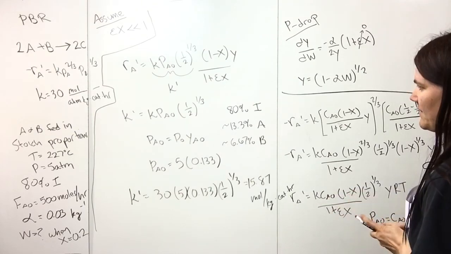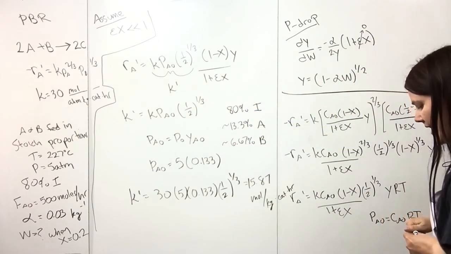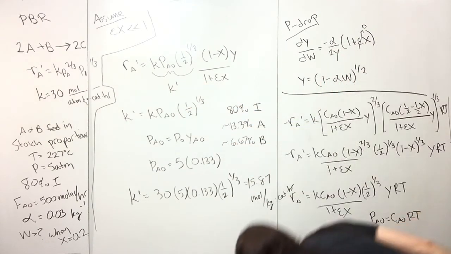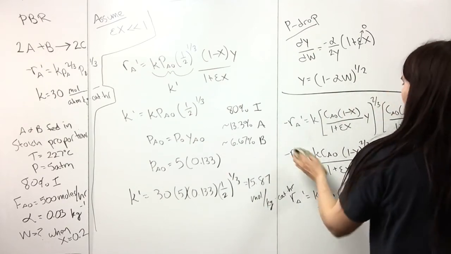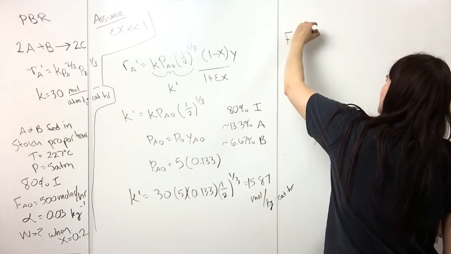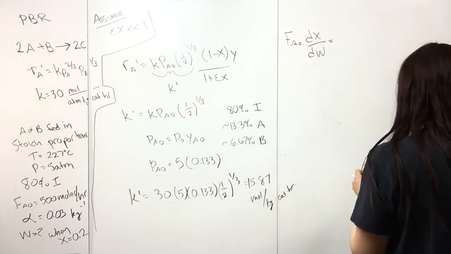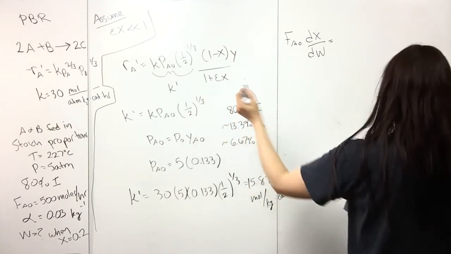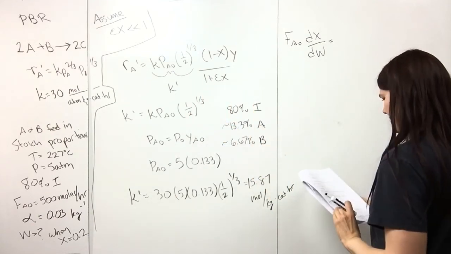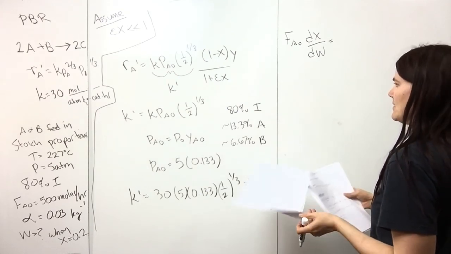So now that we have the rate in a pretty usable form, we can plug that into the mole balance and solve it. So I'm going to erase some stuff real quick. FA naught dX/dW is equal to the rate. So FA naught dX/dW is equal to the rate.